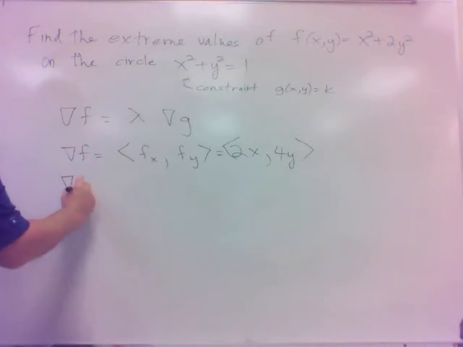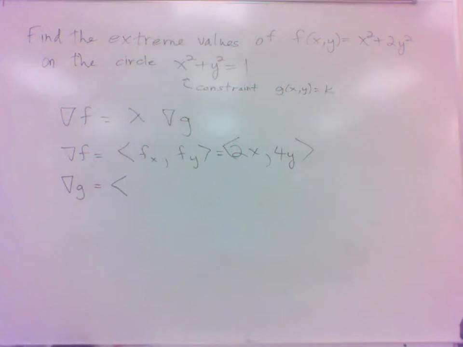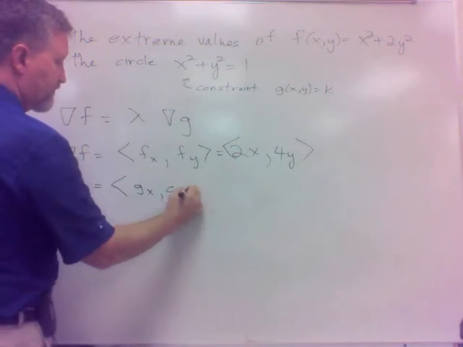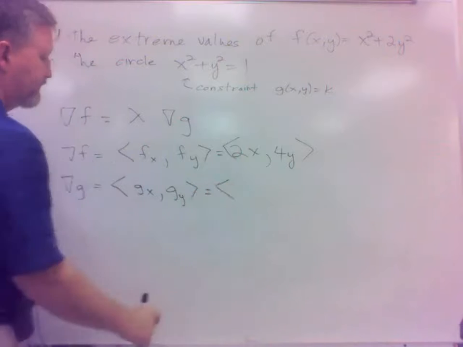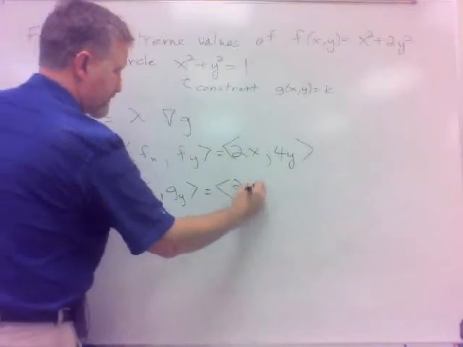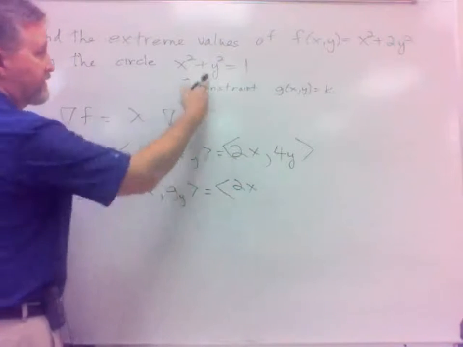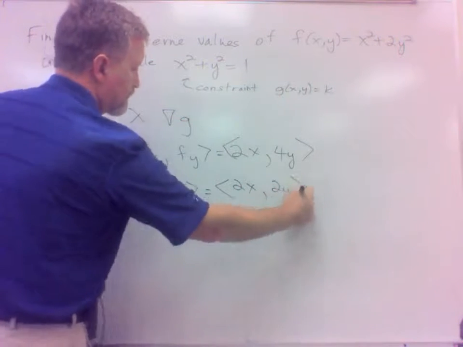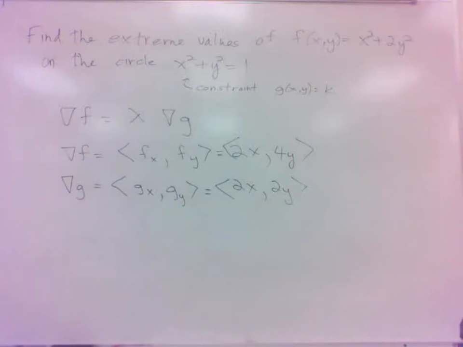Then our gradient of g, what's our gradient of g? Well, that would just be the partial with respect to x, comma the partial with respect to y, that vector. 2x would be the partial with respect to x, and then 2y would be our partial with respect to y.